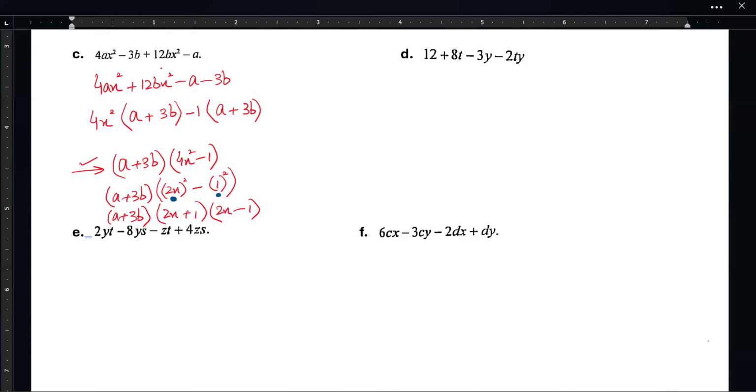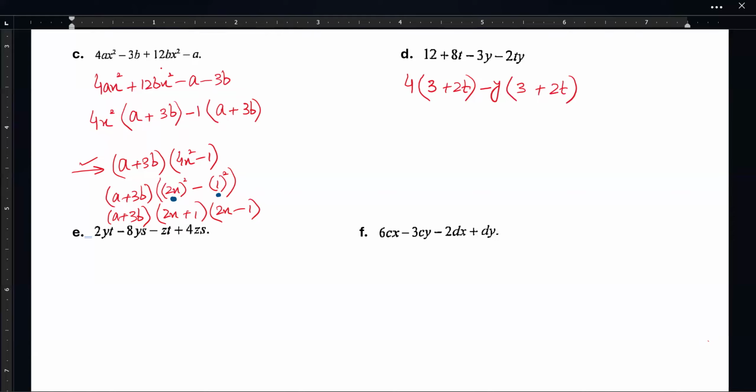Part B, 12 plus 8t. Something is common. What is common? It's 4 as common, so it's going to be 3 plus 2t. In the last two terms, I can see minus and y as common. The signs inside the bracket will be changed because I have taken minus common, giving 3 plus 2t.